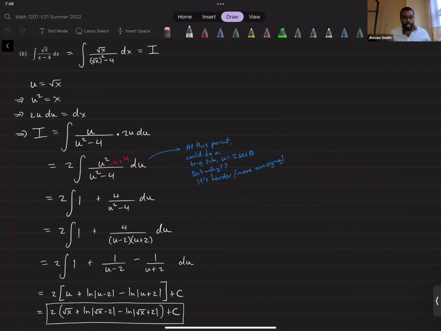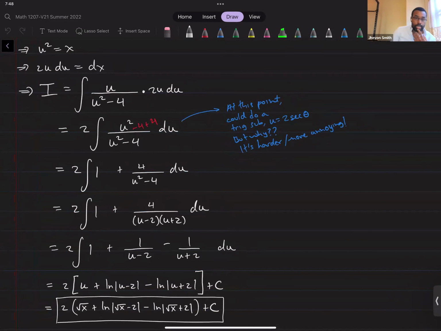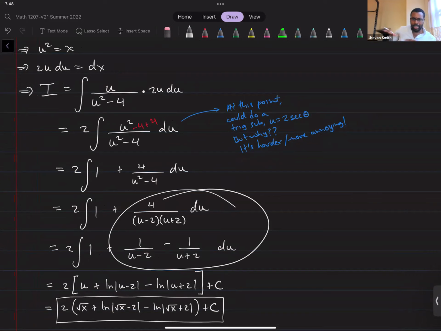So a trig sub would be a much uglier way to finish up this problem, but if that's what you saw, you could do that. But partial fractions is much nicer and much easier, I think. Especially once you get the cover-up method and you can do that on the spot instead of going to the side and setting up systems of equations and coming back, it's clearly the winner.